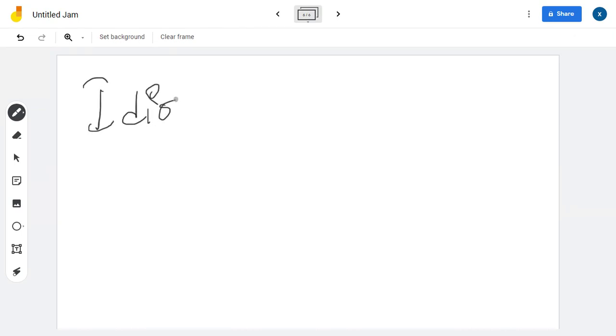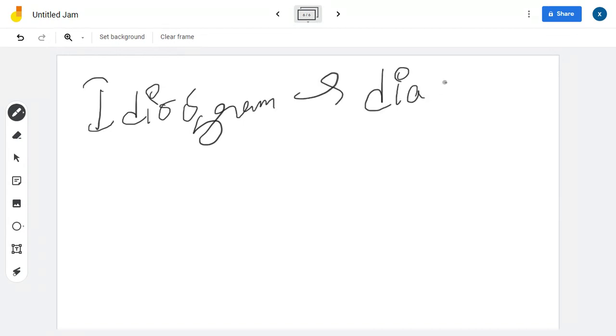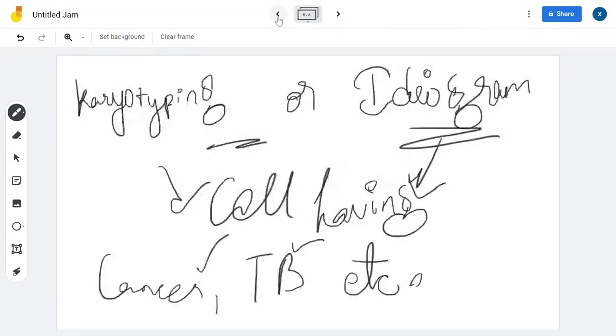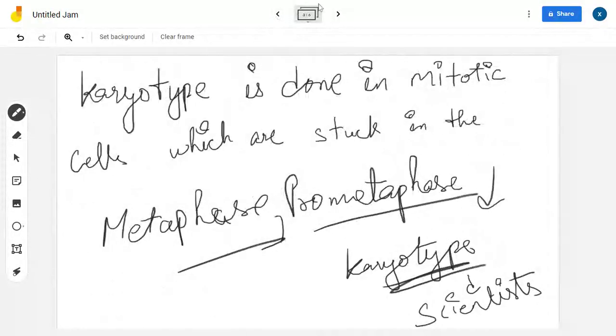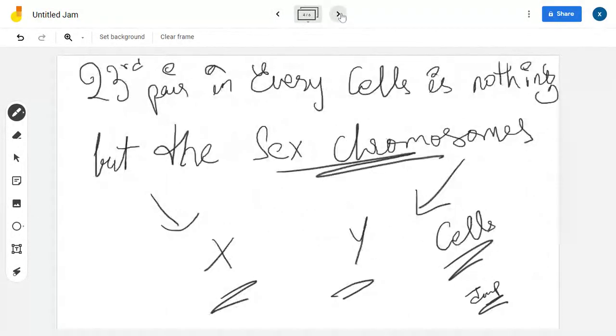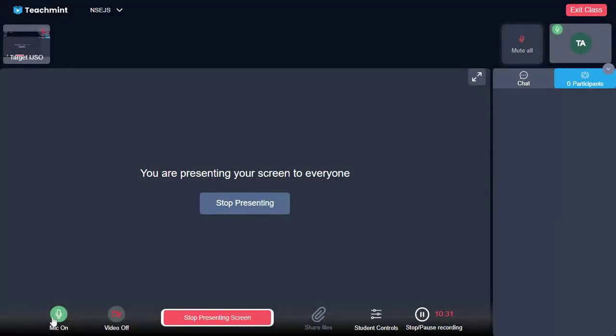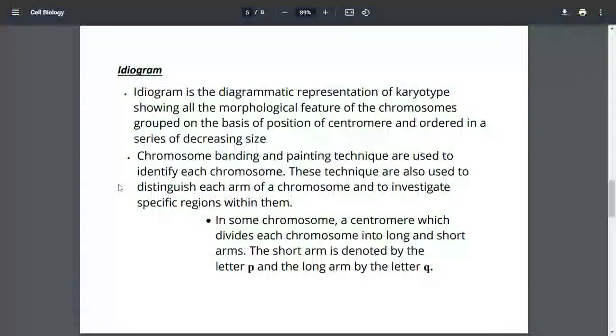So ideogram is nothing but the diagrammatic representation of karyotype. Here karyotype is nothing but the representation of chromosomes.